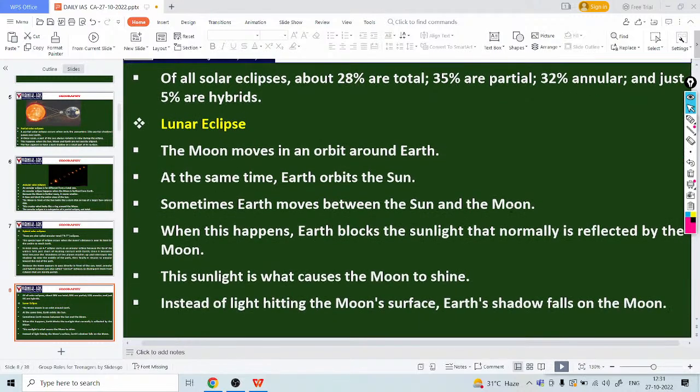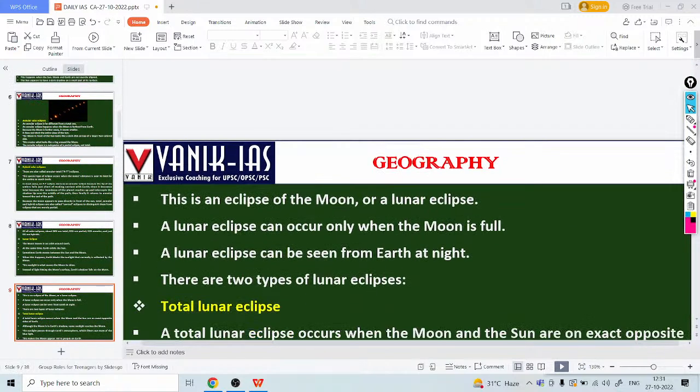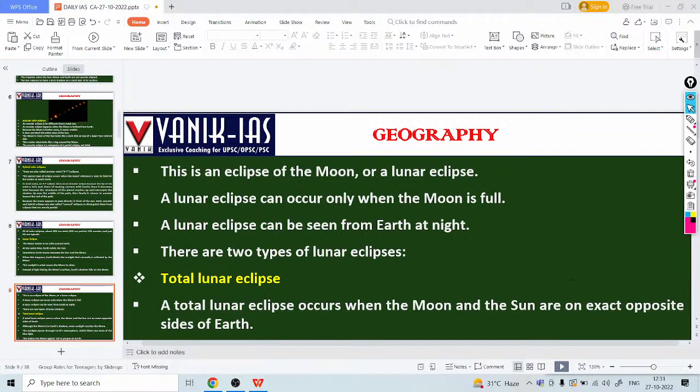Instead of light hitting the moon surface, earth's shadow falls on the moon because earth comes in between the sun and the moon. This is an eclipse of the moon, or a lunar eclipse.